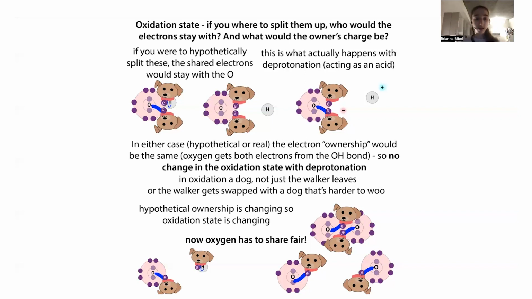And because they're sharing fairly, the oxidation number isn't going to be any different than if you just had that single oxygen. So you're going to have an oxidation number of 0 whenever you have any element in its molecular form, just hanging out by itself.